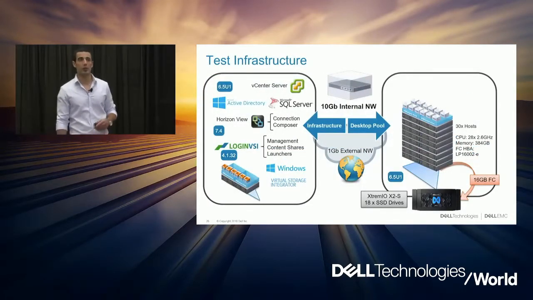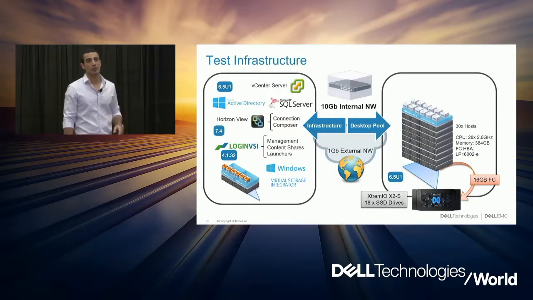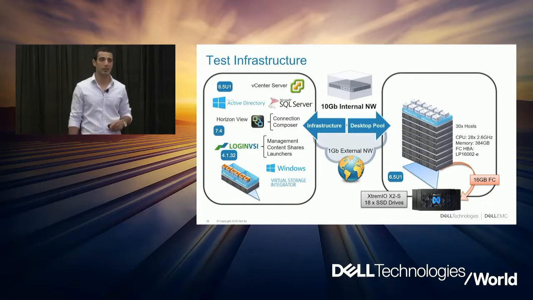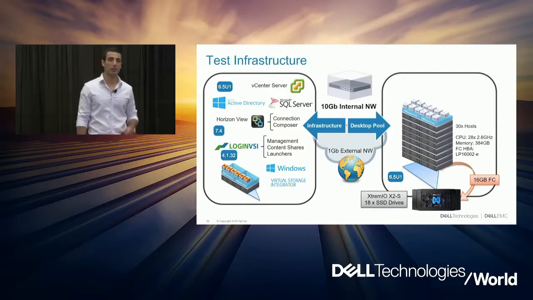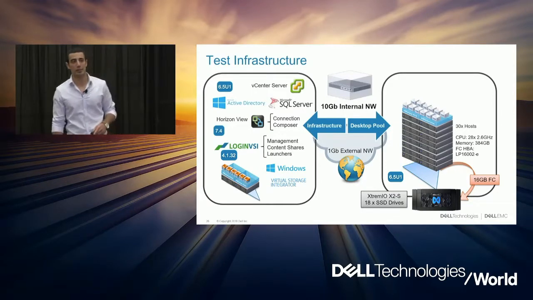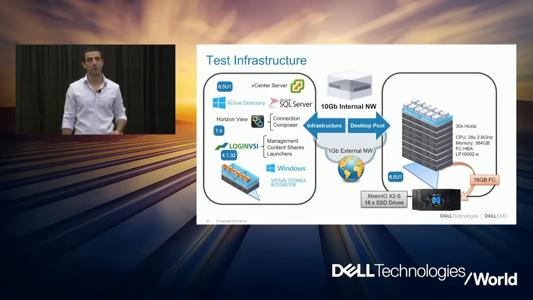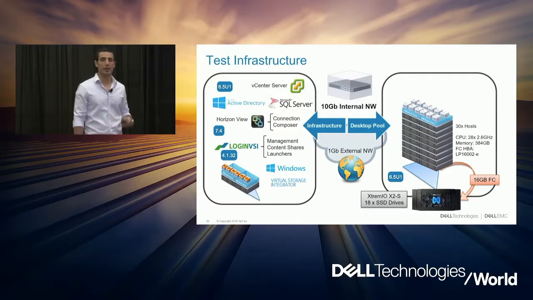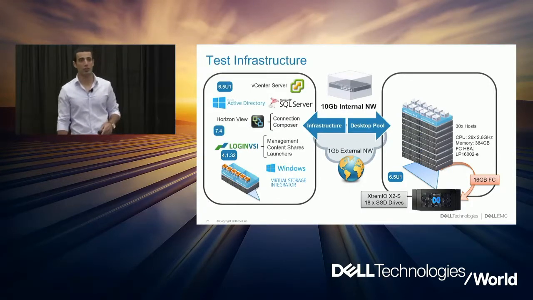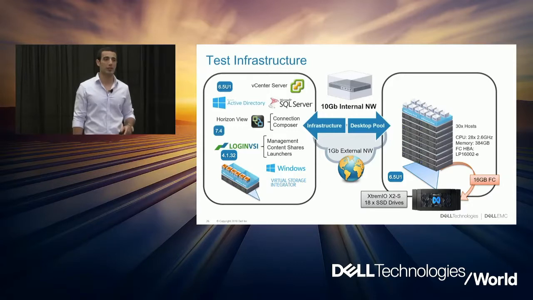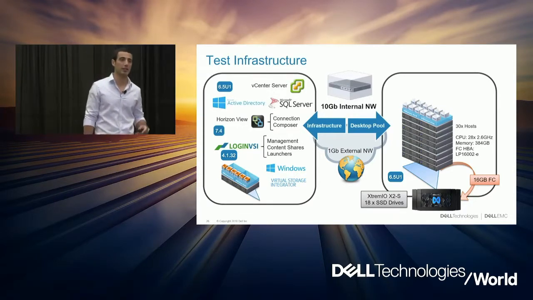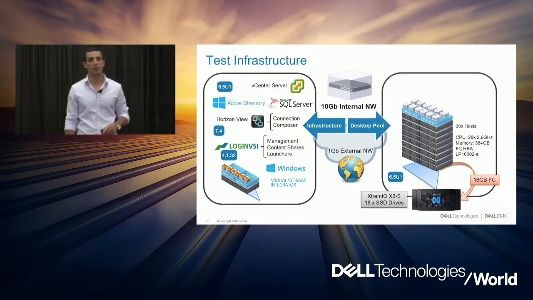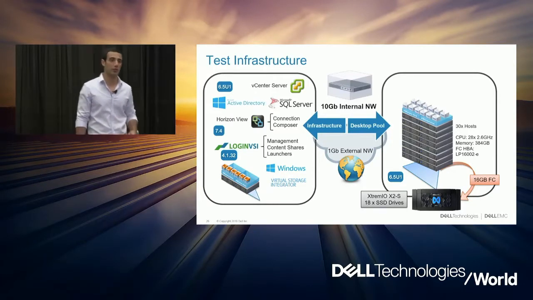When we talk about our test infrastructure, we have vCenter 6.5 Update 1, which is connected to a virtual SQL server, and the authentication is done using Active Directory. For creating, maintaining, and provisioning the desktops, we've used Horizon 7.4, and for this test, we've used Login VSI 4.1 patch 0.32.